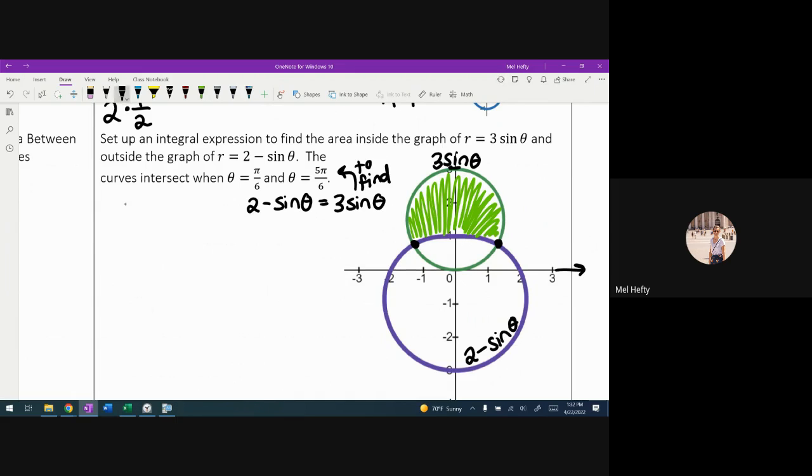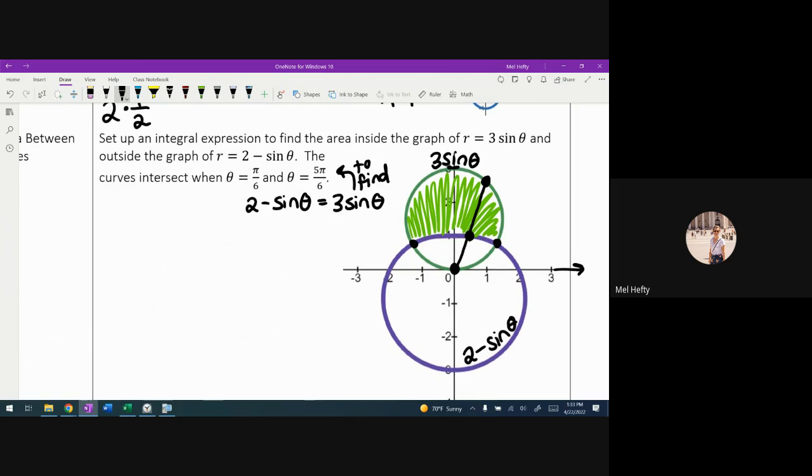Now, what the radius is. The radius is the distance from our pole out to whatever graph we're going on. Here, notice the purple graph is in between the green graph and the pole, no matter where we are. So as I sweep out my arm, using my elbow as the anchor, there are always 2 functions touching my arm.